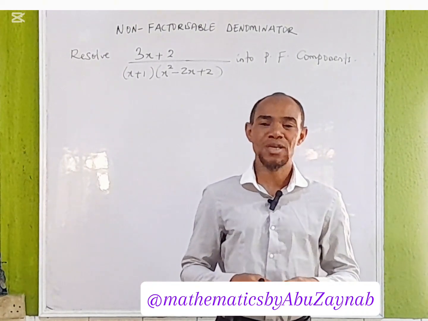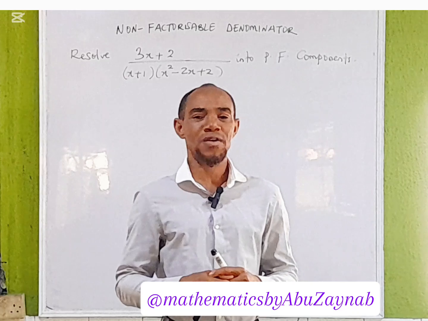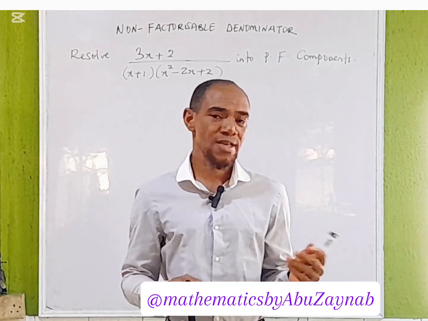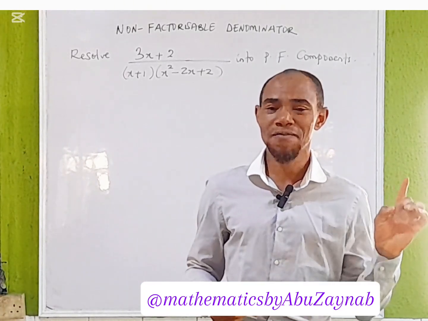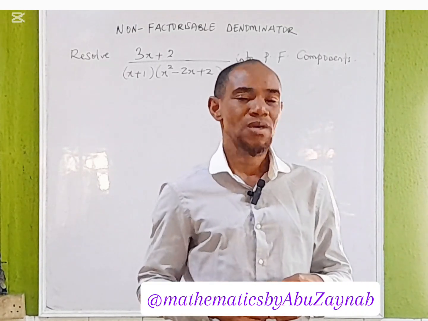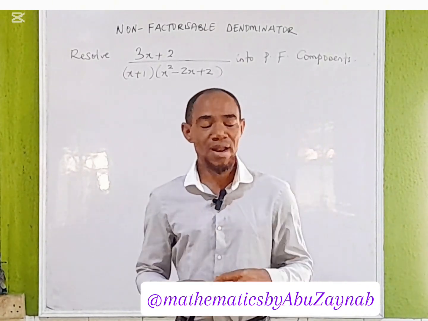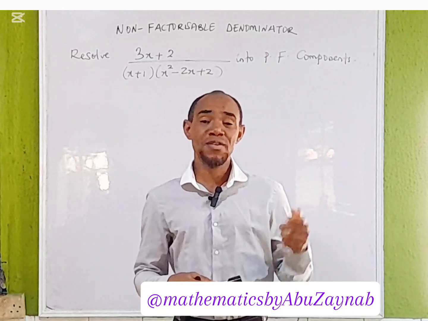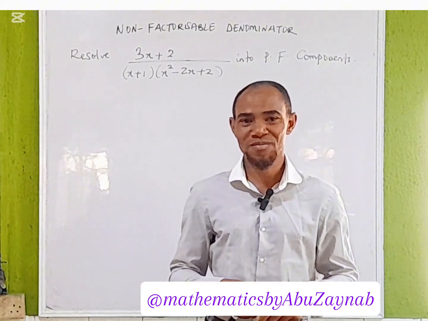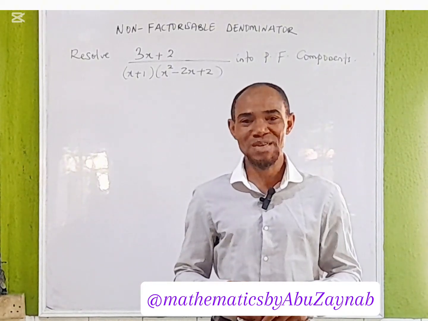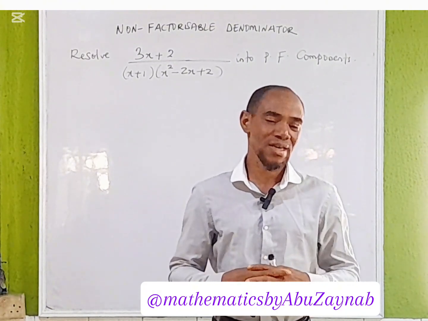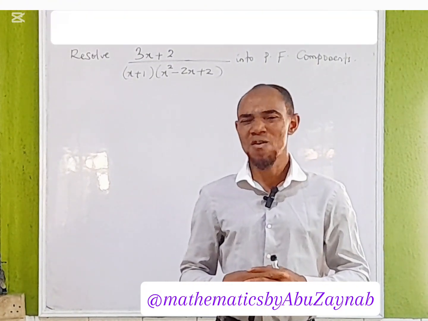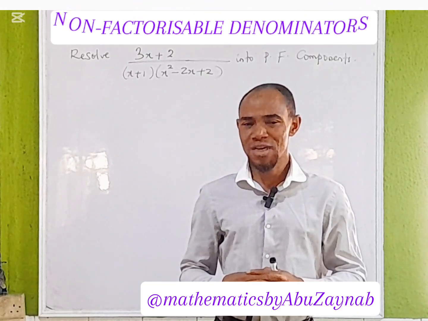We have looked at two basic categories: the first, where the denominators have distinct factors; the second, in the last video, where we have repeated factors as denominators. Without wasting much time, today we go deeper into the third case, which has to do with non-factorizable denominators.